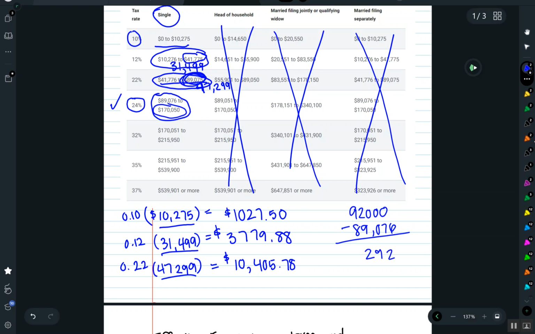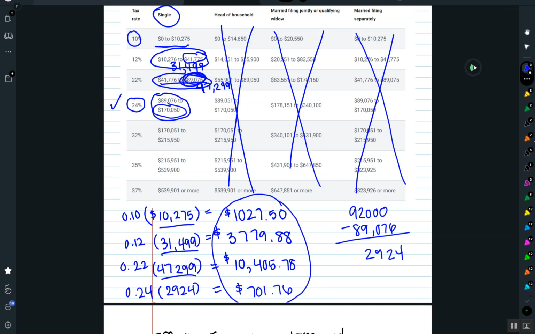So we only have a little bit of money in that bracket, but that amount of money is going to be taxed at the highest rate. Okay, we add up all of this. So just putting it all together, that's how much money we have to pay in taxes.